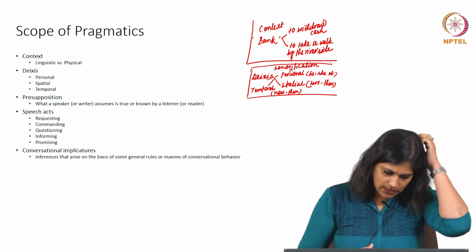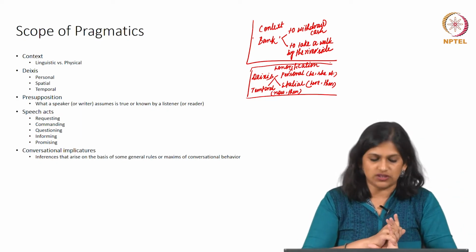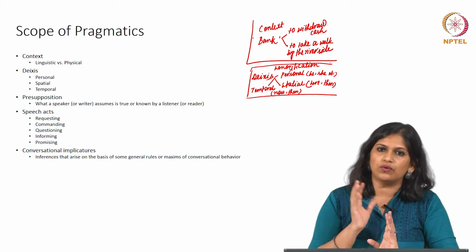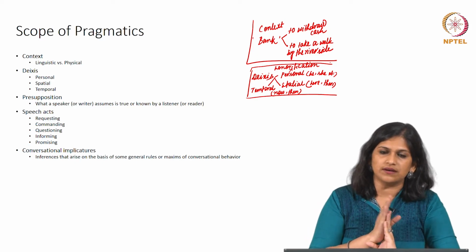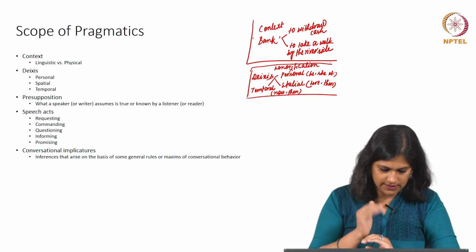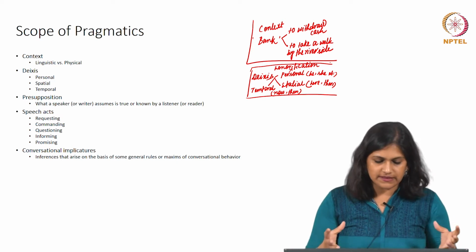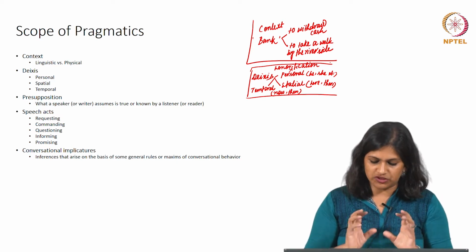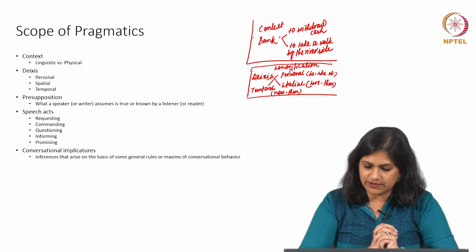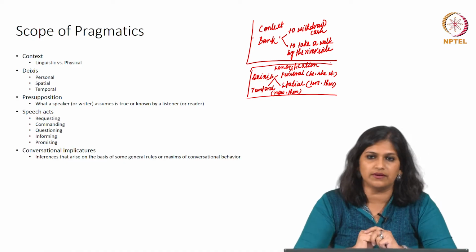And taking into account this natural conversation, we have conversational implicatures. So, what do we do here? What does a pragmaticist do in such instances? They try to study the inferences that arise on the basis of some general rules, or maxims, of conversational behavior. There are different kinds of maxims, Grice's maxims, if you have heard about it.